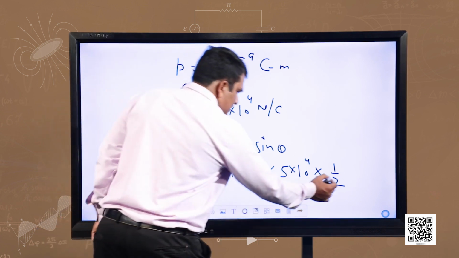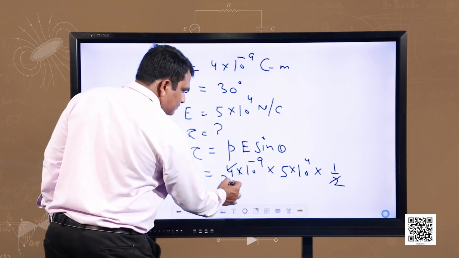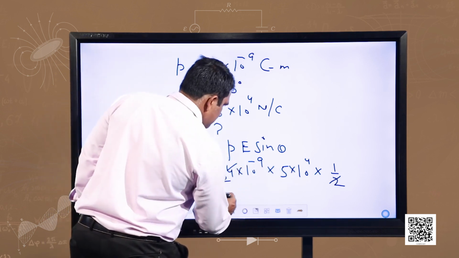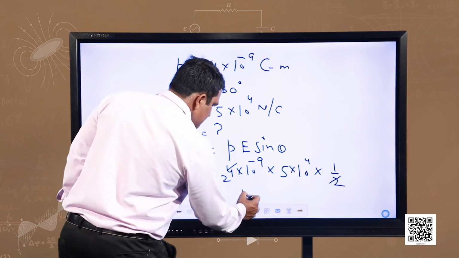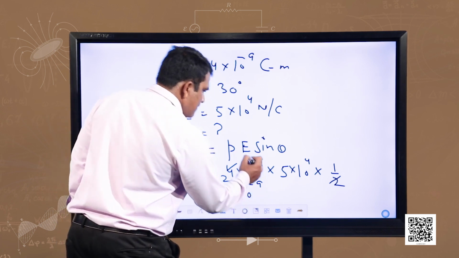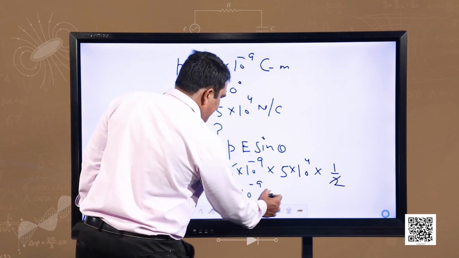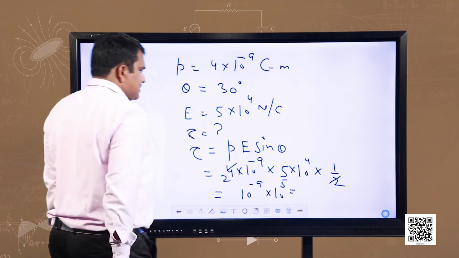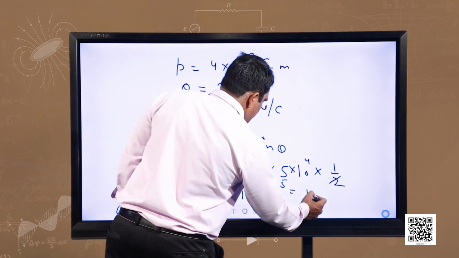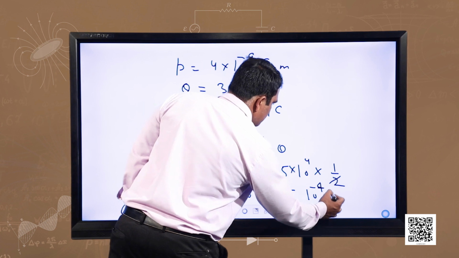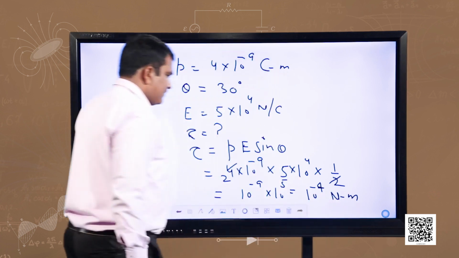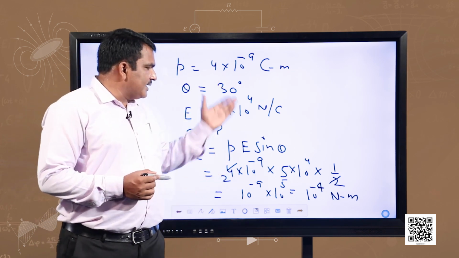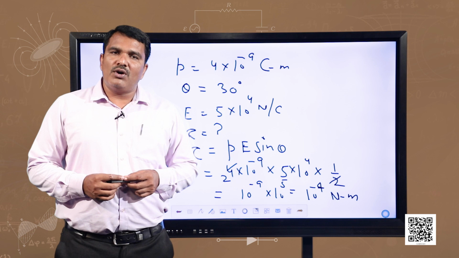So, we get 2 into 5 into 10 to the power minus 9 multiplied by 10 to the power 4, that is 10 to the power minus 4 Newton meter. This is your torque acting on the electric dipole which is placed in uniform electric field.